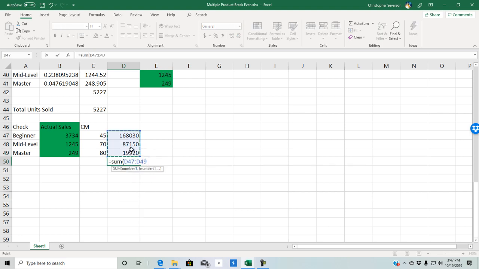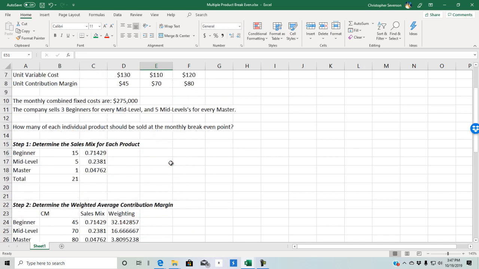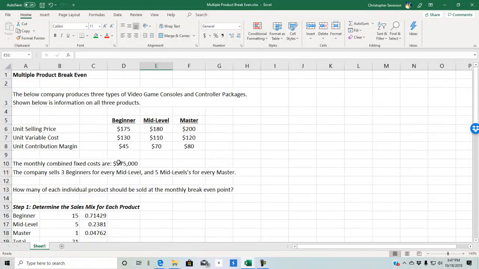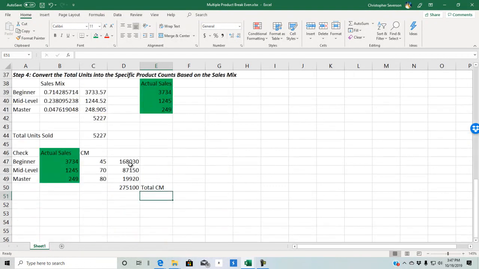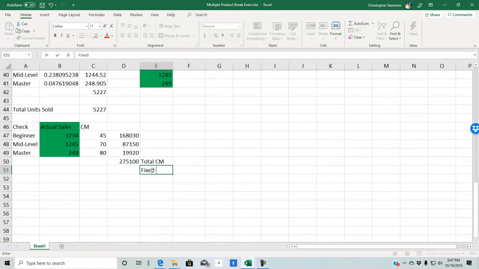And if we add this all together, we end up with 275,100 in total contribution margin. Now remember, our fixed cost was 275,000. So, of course, due to rounding, we're going to be just a little bit off. But the point is, it has to be above zero.